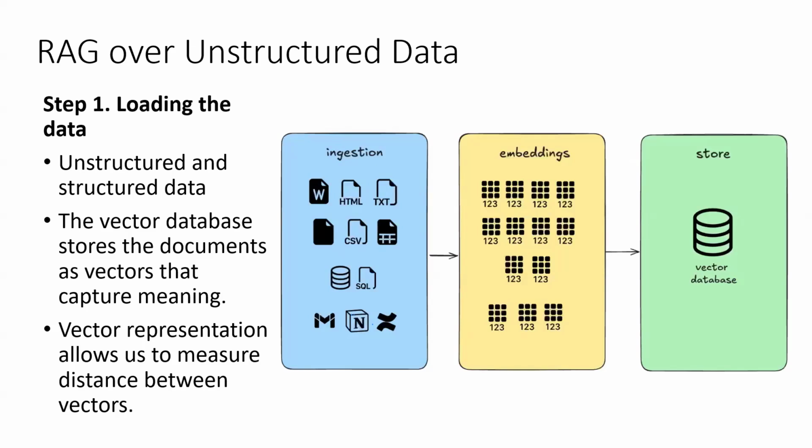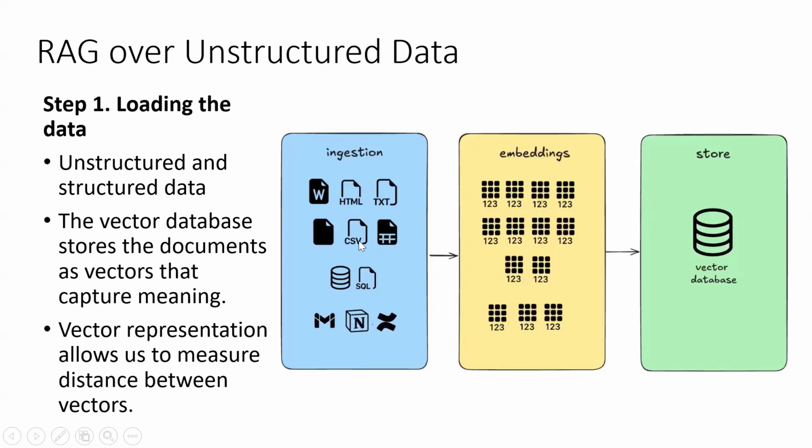And third is semi-structured data. You can see in this diagram we have Word files, HTML files, and text files. All of these are unstructured data. They are there in PDF files, whatever data, right? This data is called unstructured because it has no structure.